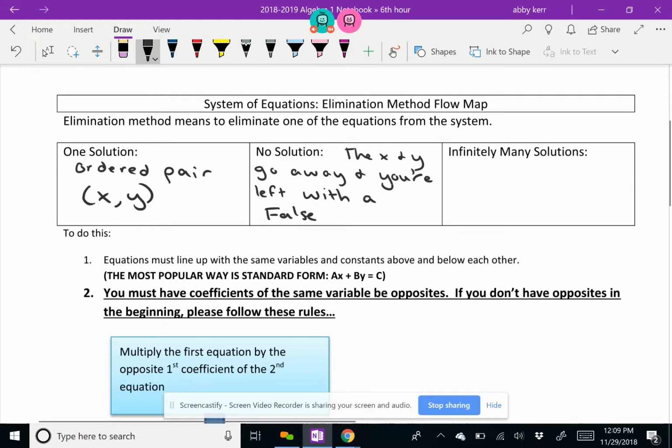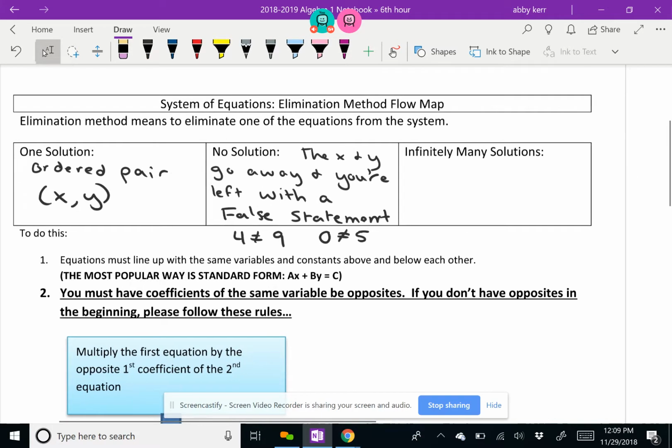Now, false statement means like 0 doesn't equal 5, or 4 does not equal 9. Those are not ordered pairs. It's just a statement. It just says 4 can never be 9, or 0 can never be 5.